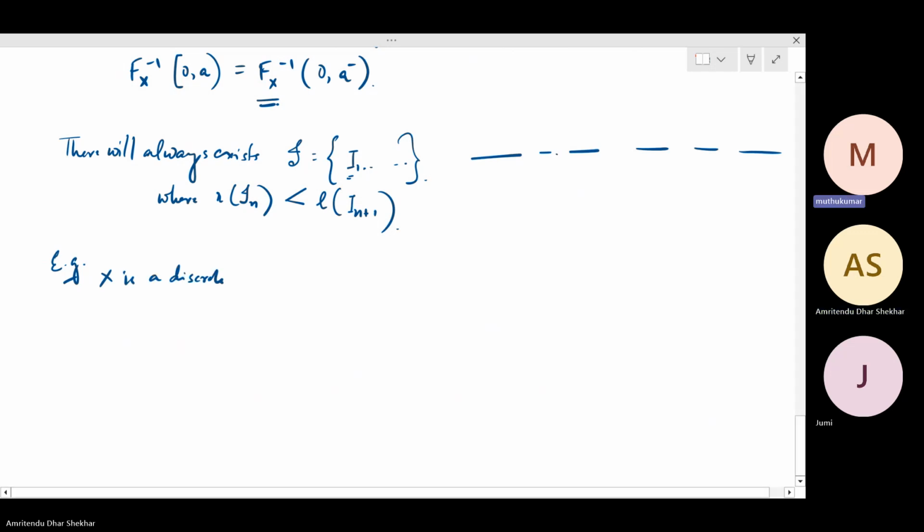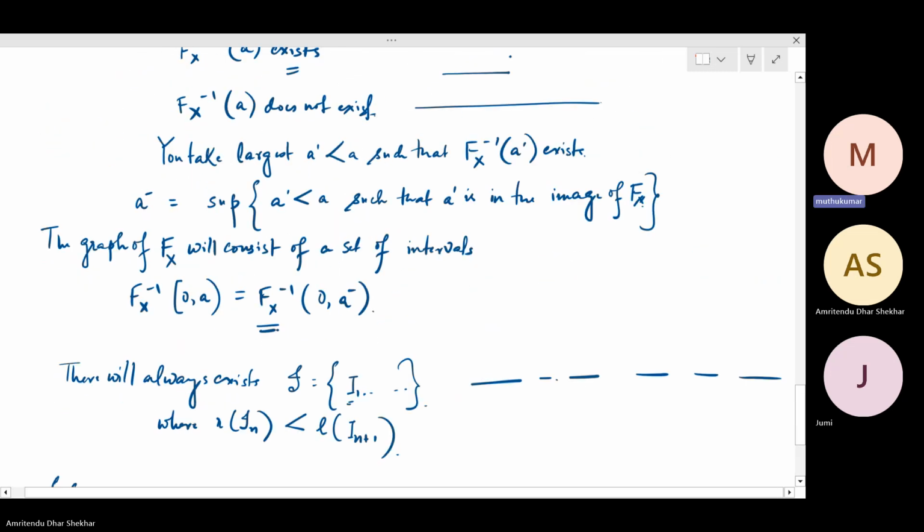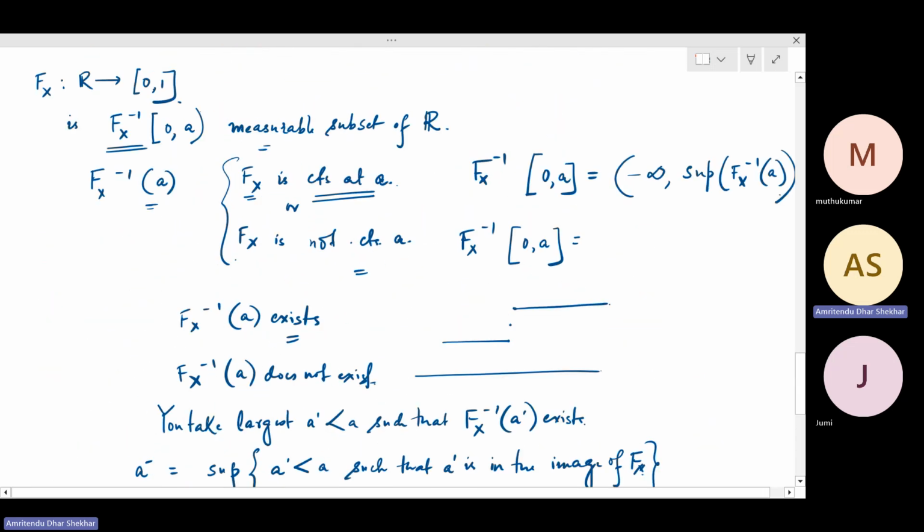Excuse me, you completed the proof that F_X is measurable. Yeah. So if we consider capital F_X as a function from R to R with Borel measure, still it is measurable, because you will anyway have to consider sets of this kind, right?